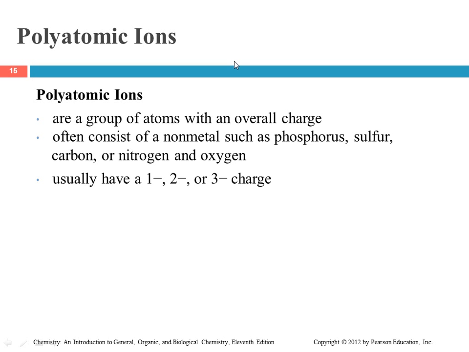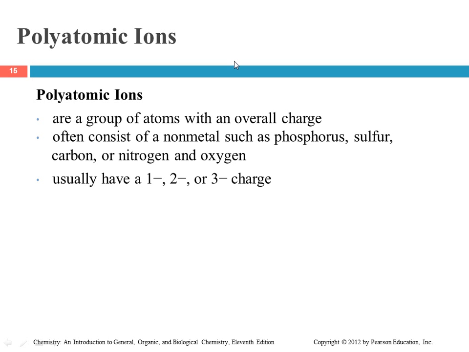We have a group of atoms that bear a charge. So that's kind of the difference here. Polyatomic ions are a group of atoms that have an overall charge for the whole group, and they usually consist of nonmetals.